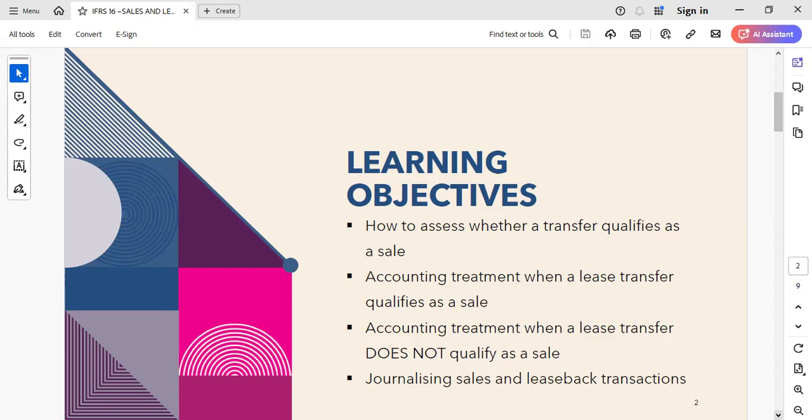If you pay it substantially over the life of the asset, that would be a capital or a finance lease. If it is just over a short period, that might be an operating lease that we explained in the previous video. But in a sales and leaseback, you already have an asset.